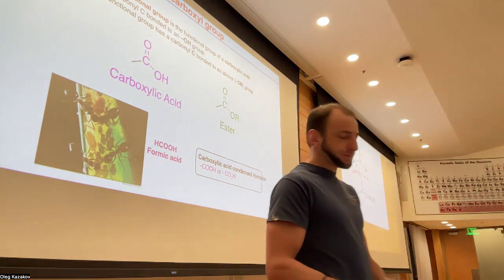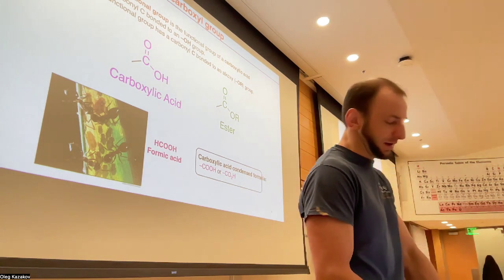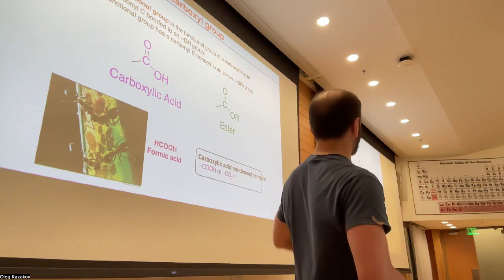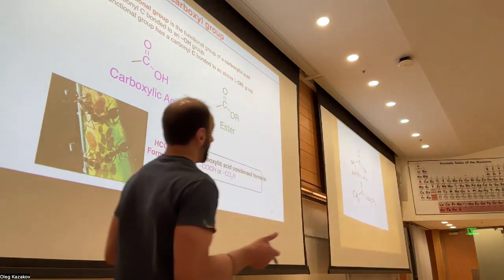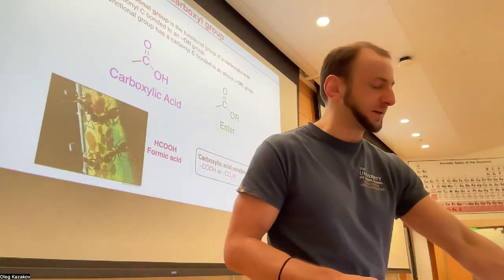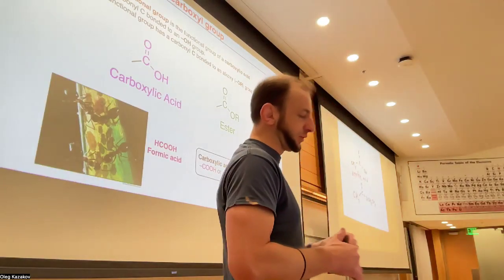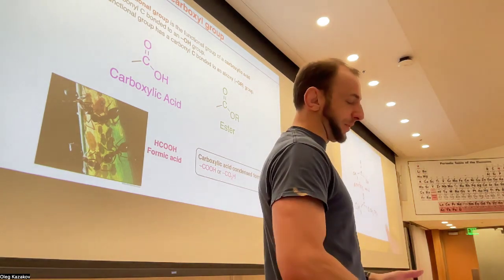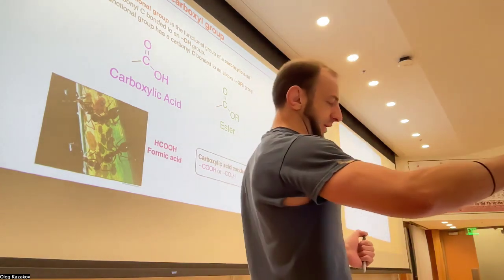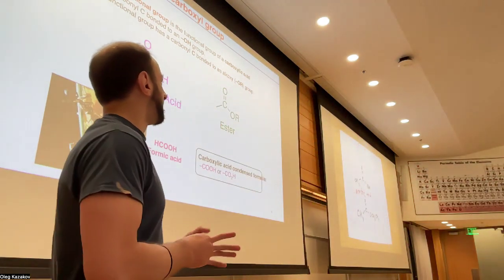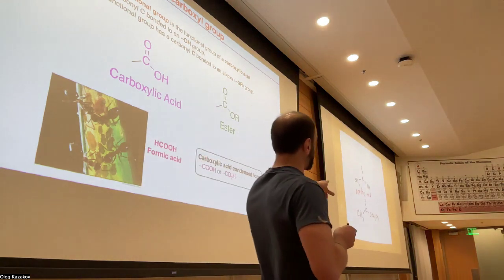This is a very popular ester, because this particular formula is used a lot as an organic solvent in synthesis. It could also be used in cosmetic applications, in perfumes, and found in wines to some extent. But this is an ester.